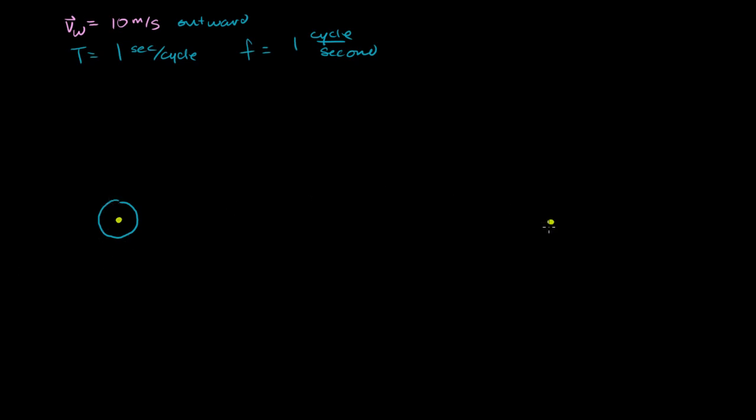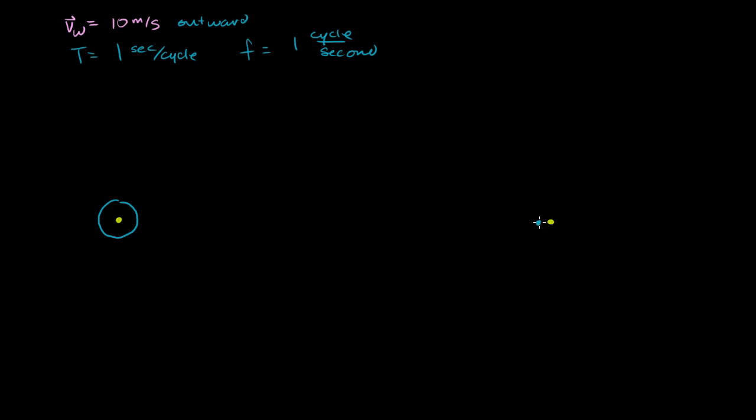Now, what about this guy? Where's the crest that this guy emitted 1 second ago? Well, you might want to just draw a radius 10 meters around this guy as well, but he wasn't here 1 second ago. He was 5 meters to the left. Remember, he's moving 5 meters per second to the right. So 1 second ago, he was 5 meters to the left. So maybe that places him right over there. So the crest that he emitted 1 second ago is not going to be 10 meters from this guy.